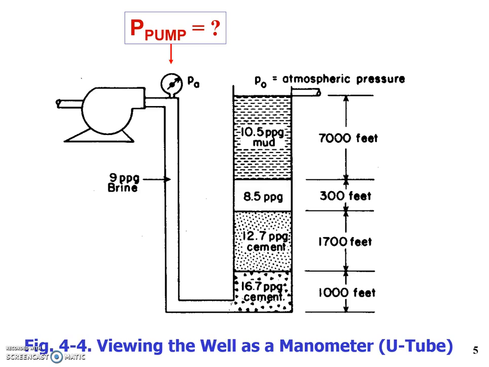So in order to calculate the pump pressure, you can start from this point at the top. And the way we do calculations for manometers, we start at the top, we go down. As we go down, the hydrostatic pressure increases, correct?